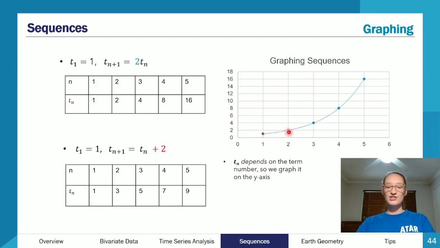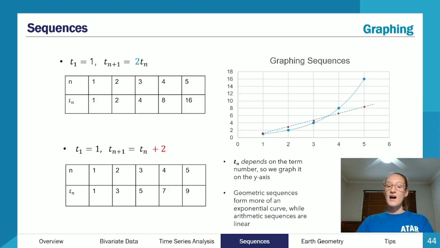We can see that in our geometric sequence, we do get that exponential growth curve. Whereas if you follow the red dots that are going to be popping up on the screen, you can see that when we graph an arithmetic sequence, like that line there, we actually get that straight line, that linear growth or decay if it's negative.